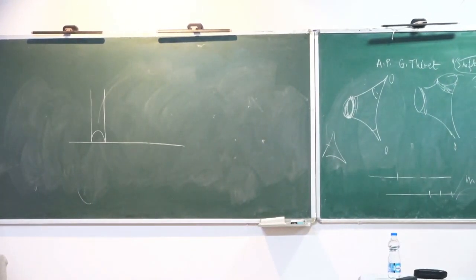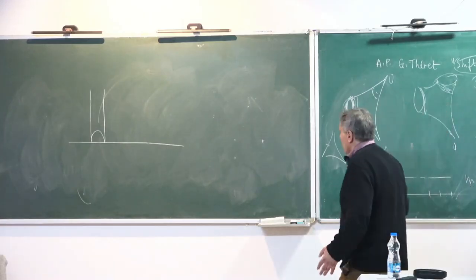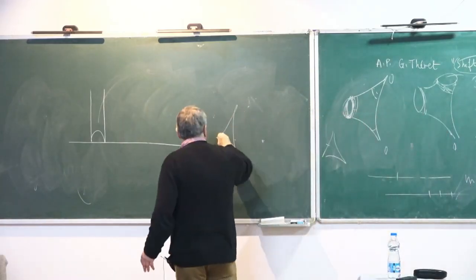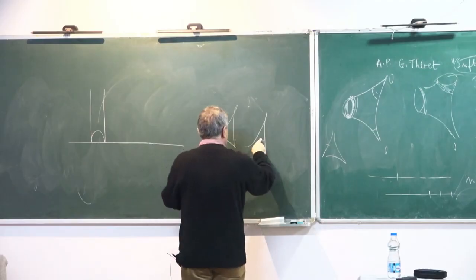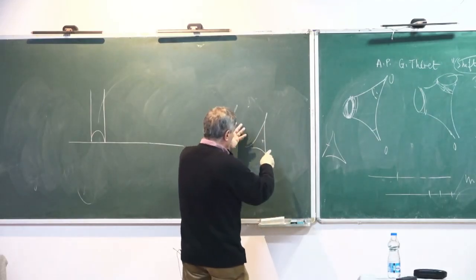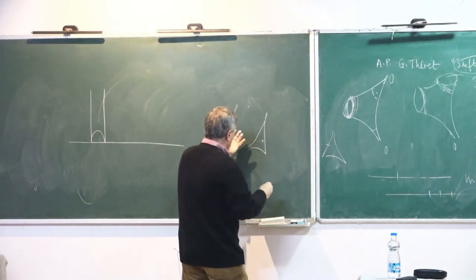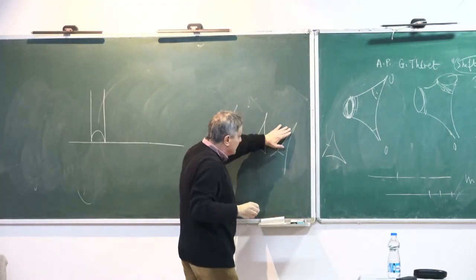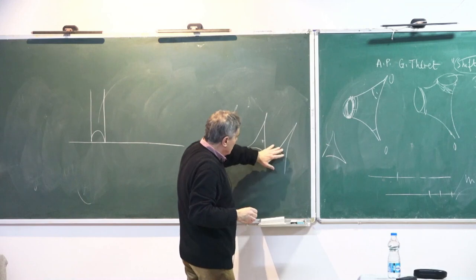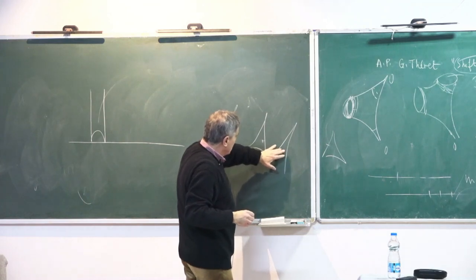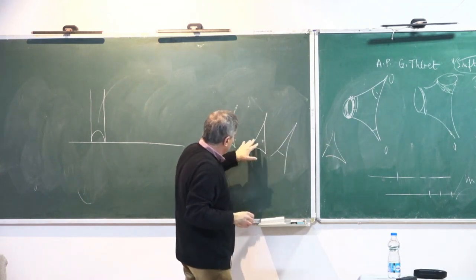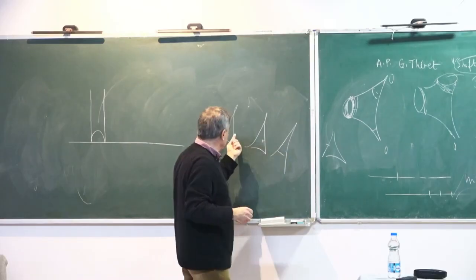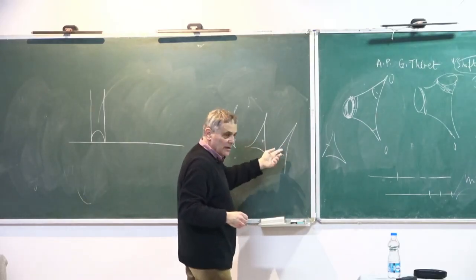When you glue this triangle with this triangle, and then you come back, you obtain some surface, maybe finite or infinite, which is not simply connected because it has this loop, right?